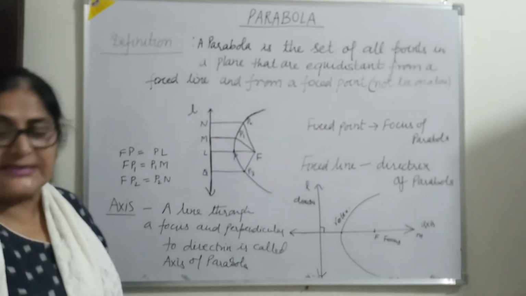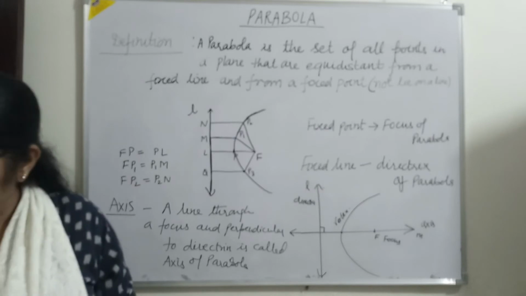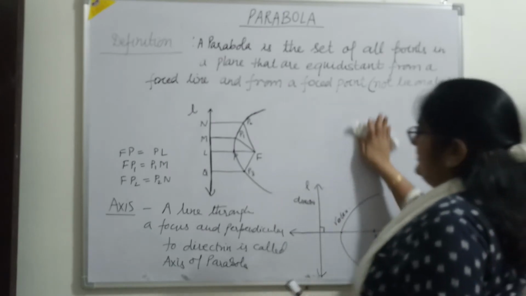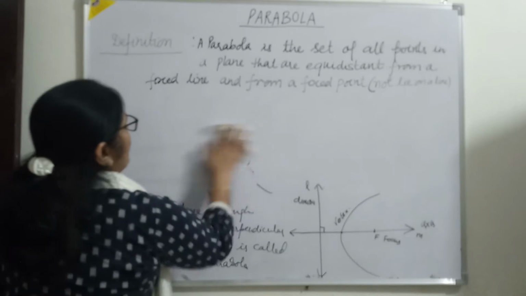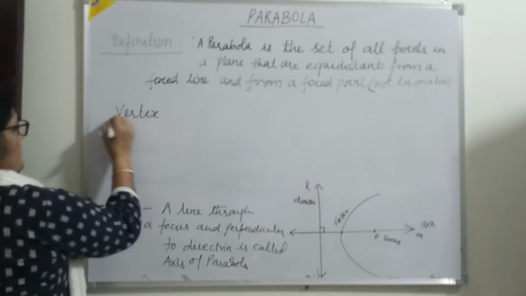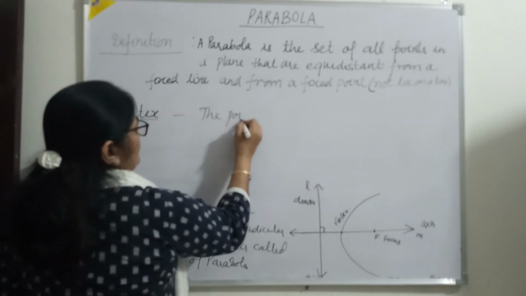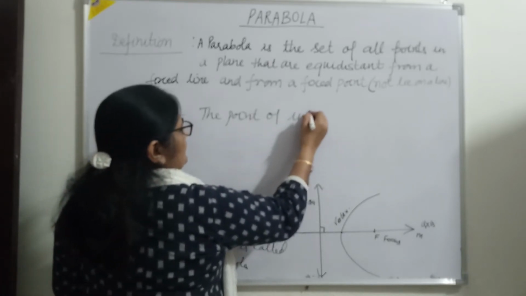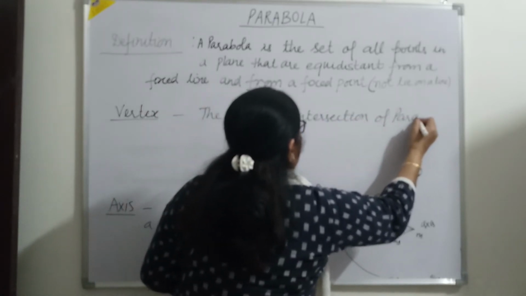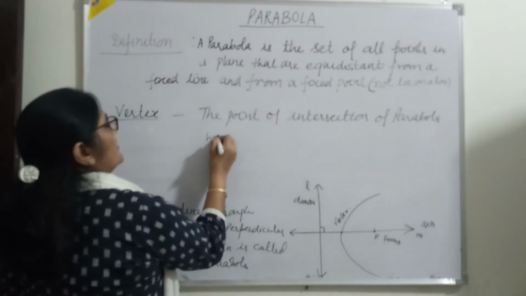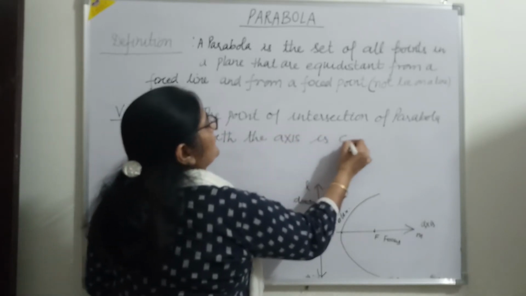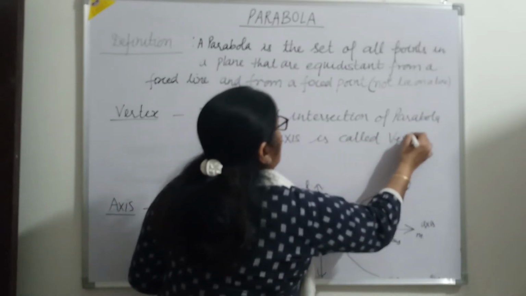The point of intersection of the parabola with the axis is called the vertex of the parabola.